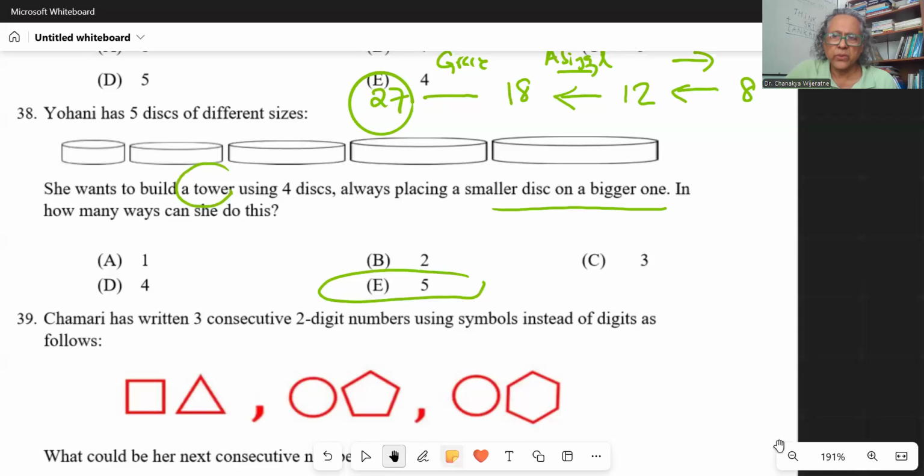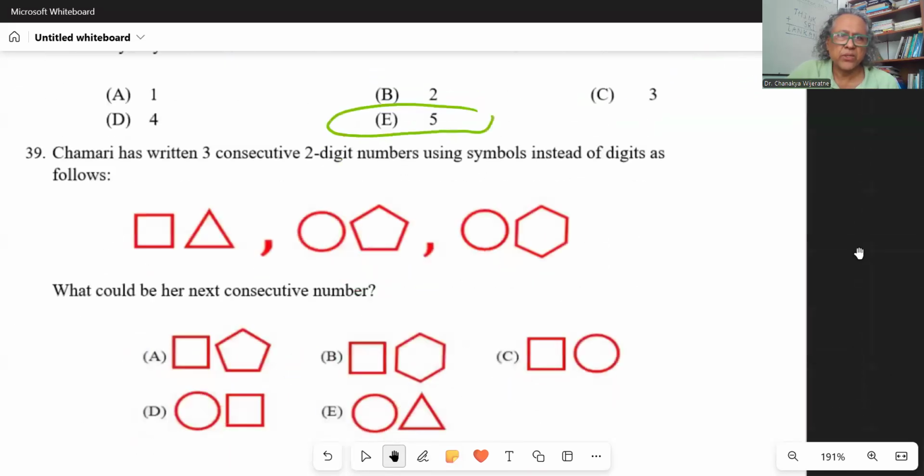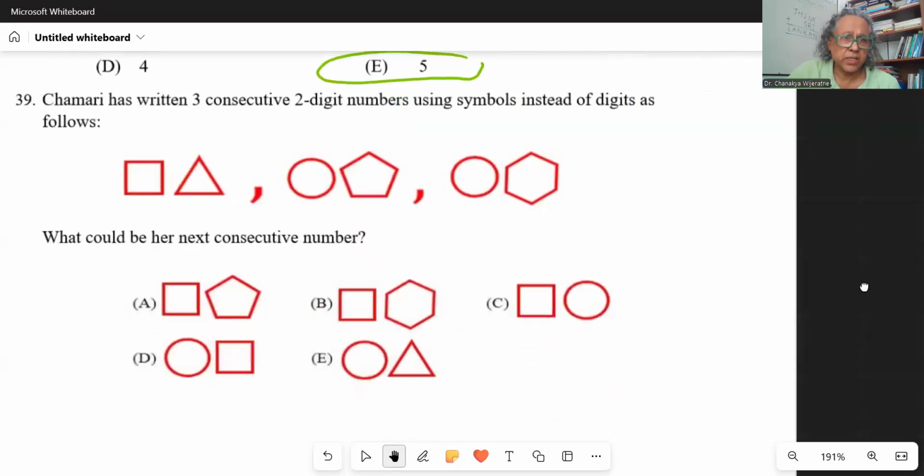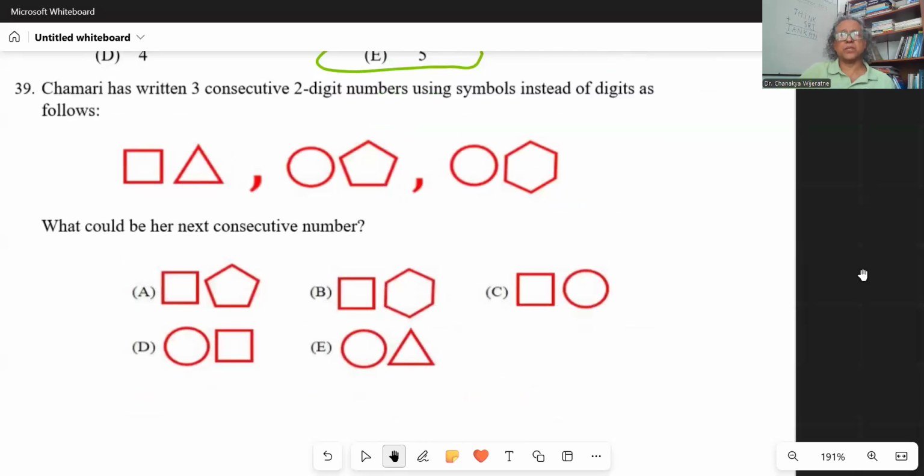Okay, so we go to the next question. Chamari has written 3 consecutive two-digit numbers using symbols instead of digits as follows, right? So these are 3 consecutive two-digit numbers, using symbols. So you can see that the 10th digit changes here, right?